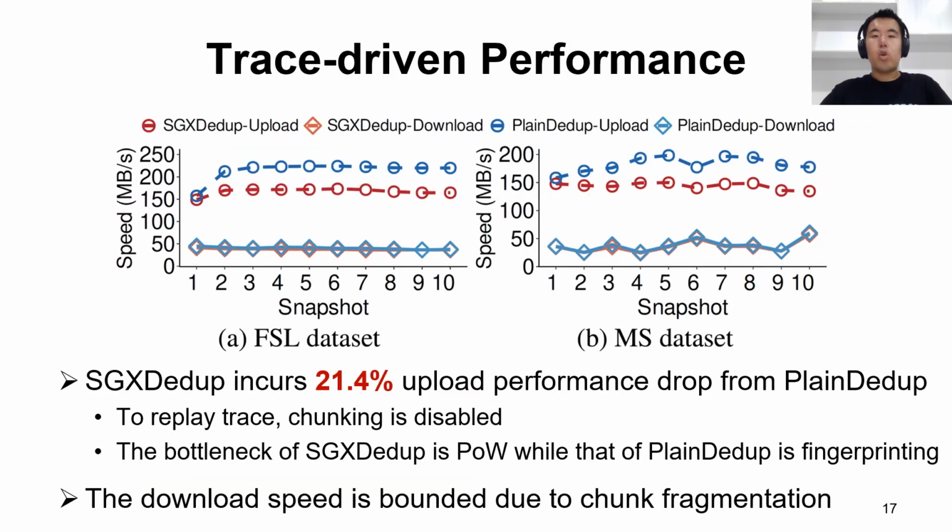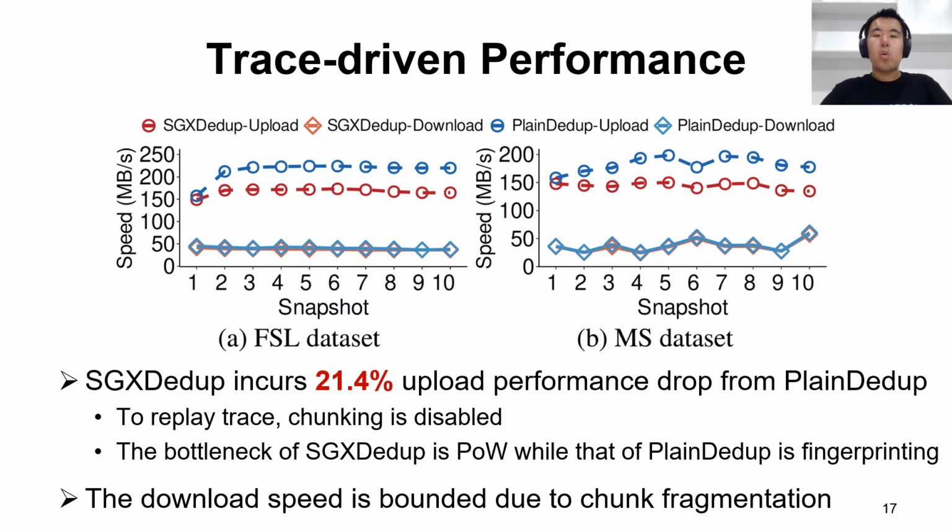We replay our datasets to compare the trace-driven performance of SGXDedup with that of plain dedup. We upload each replayed snapshot in order, followed by downloading each of them in the same order. In each figure, the x-axis shows the order of each snapshot, while the y-axis shows the upload and download speed of the corresponding snapshot.